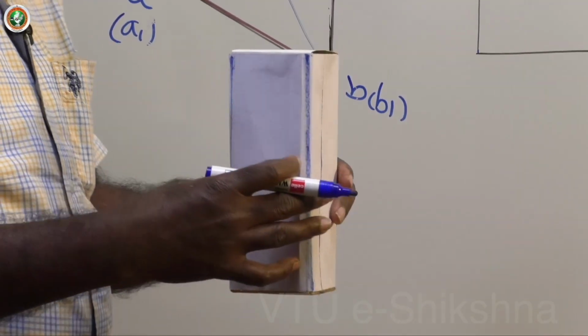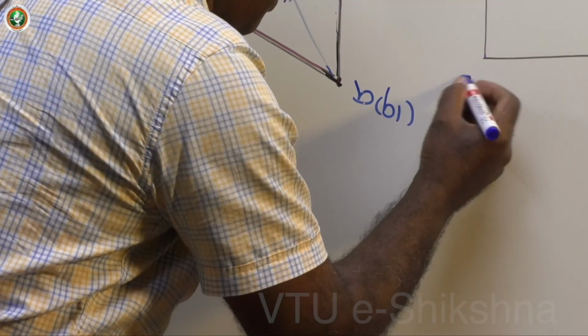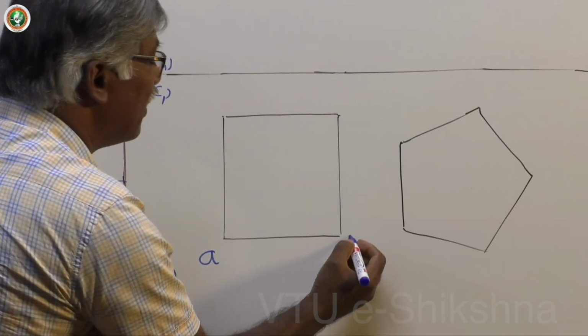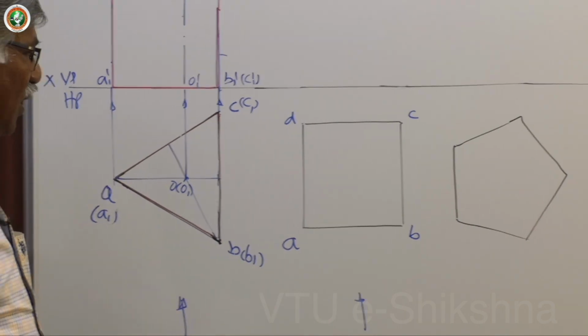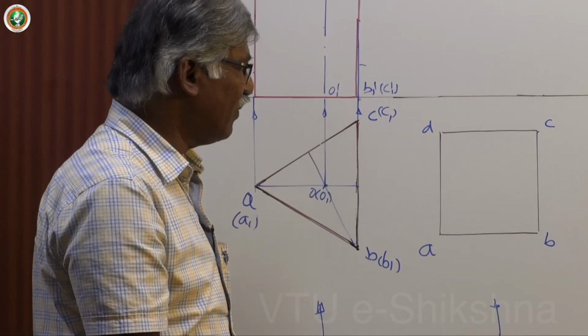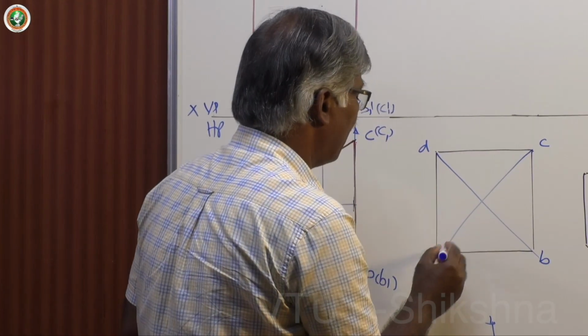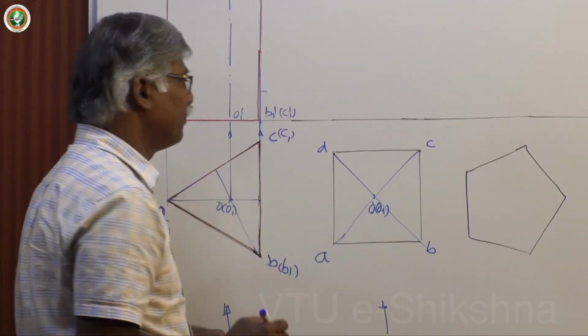Now, A, B, C, D are visible in the top view. This is A again. I stress this point, the left extreme nearest corner from this direction. This is B, this is C, this is D. Now, this is the top view. How to find the center? First, identify the diagonals. This is O1, top center, base center.